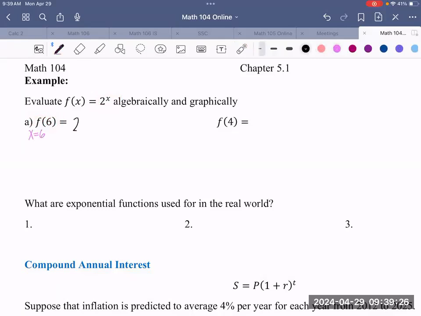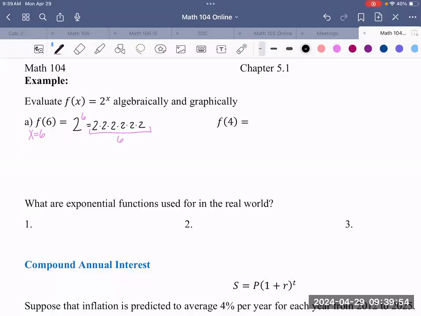So instead of having 2 to the x, we can actually take away that x and raise it to the 6. Now, what does this actually mean, right? 2 to the 6th really means we're multiplying 2 by itself 6 different times. 1, 2, 3, 4, 5, 6.